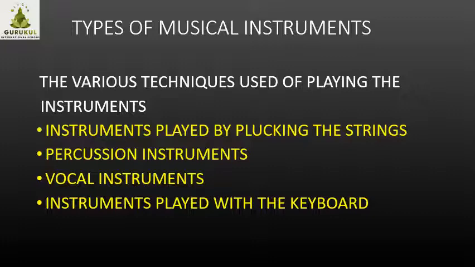Okay. Then the last type of musical instrument technique is instruments played with the keyboard. Keyboard, all of you are aware of this word, because we all use the computer. Computer also has a keyboard.